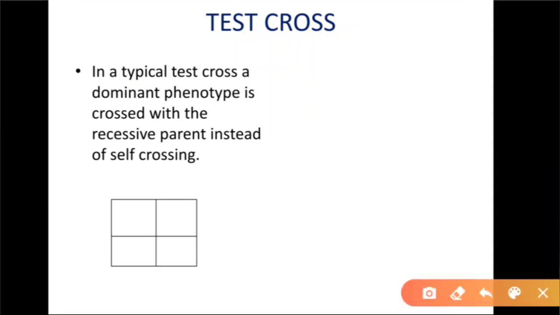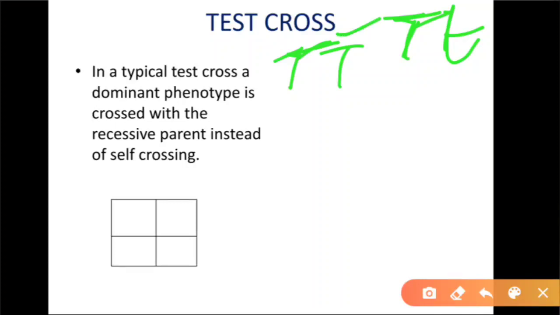Now the test cross. Suppose this plant is a hybrid plant, and this plant is a pure tall plant. But how do we identify them? Because phenotypically both appear as tall plants. Then how do we identify which one is pure and which one is hybrid?